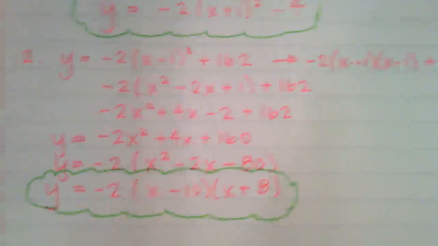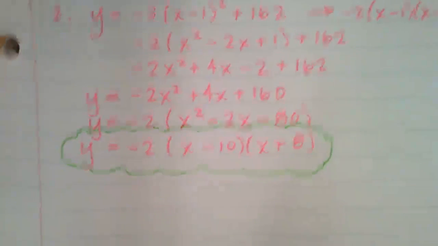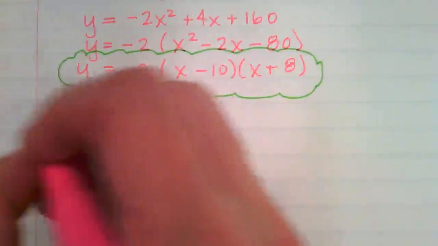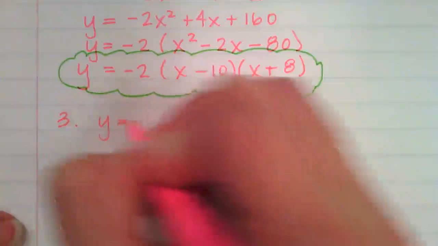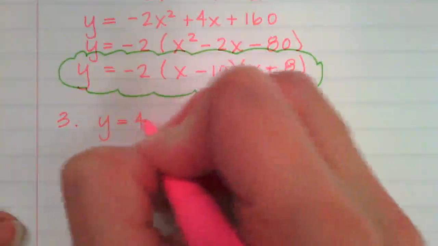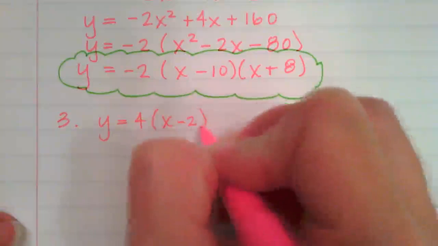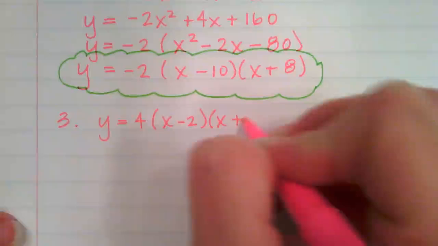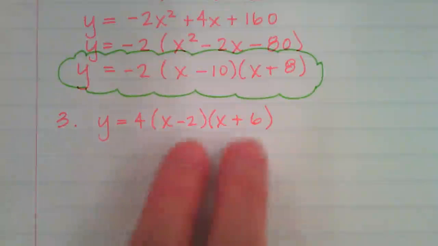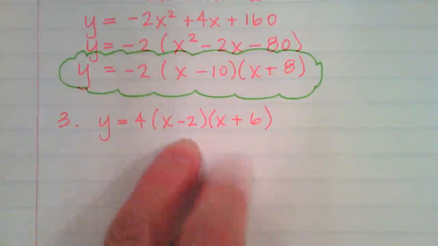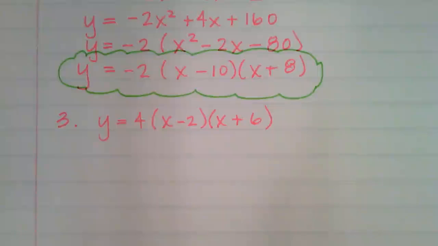All right, next up, number 3, we're doing vertex form again. So vertex form is when we have to complete the square. But before we can complete the square, we have to get standard form. So first thing we need to do is get standard form. The way we get standard form is to multiply our binomials together and then distribute the GCF.